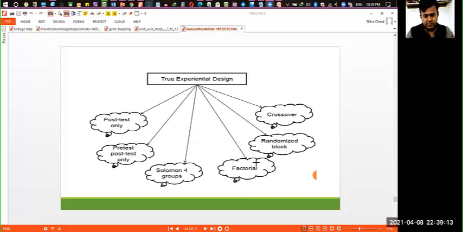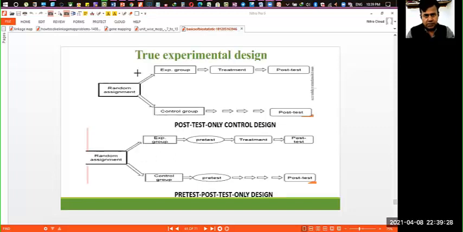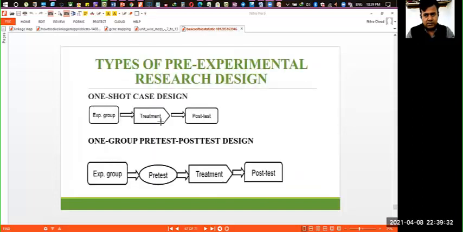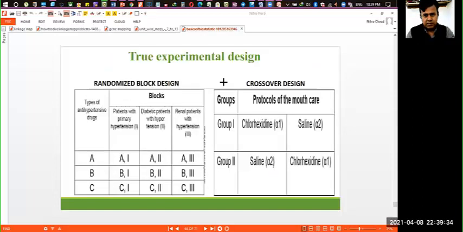For example, I have studied the factorial, and sometimes the randomized block, mostly I have used the factorial, right? So you can select any one of them. So these all have differences. I'm not going into the detail. Okay, so you can see they have applied it for a drug that is used for mouth care.